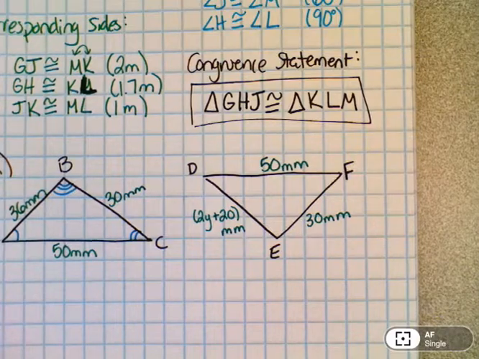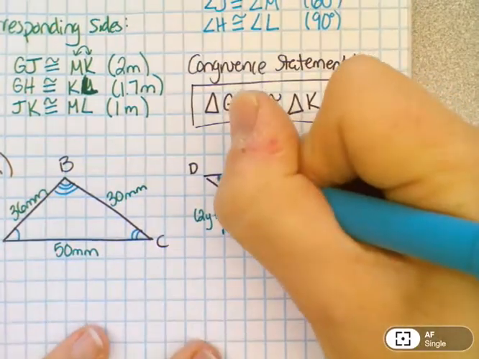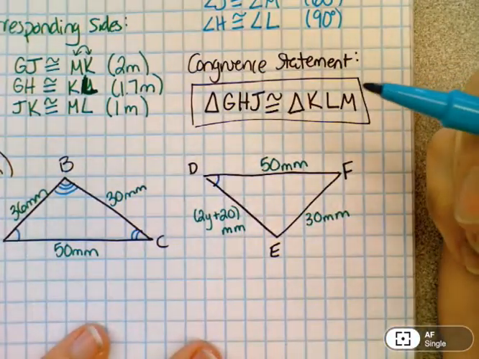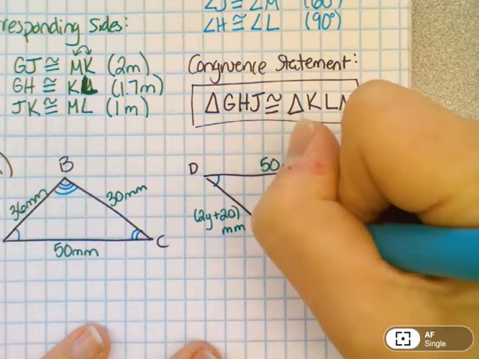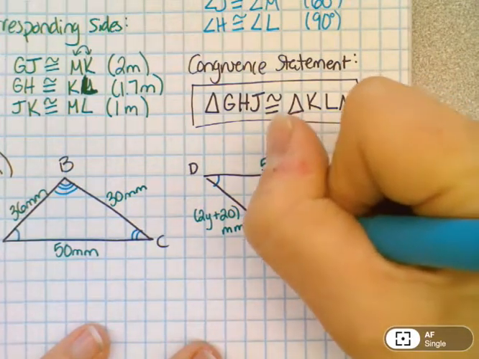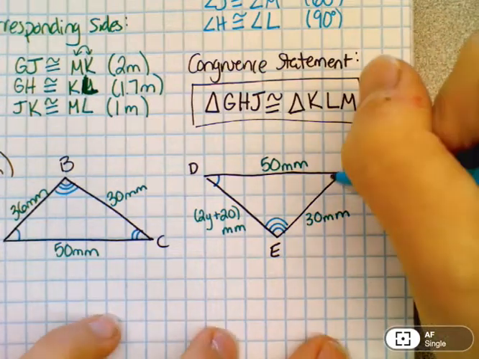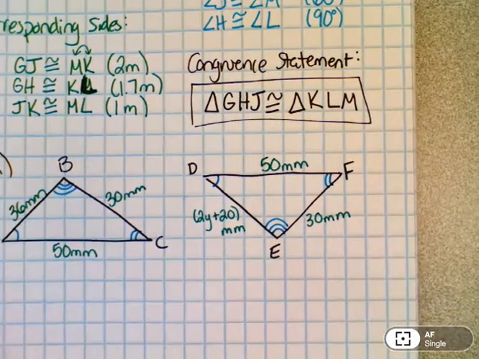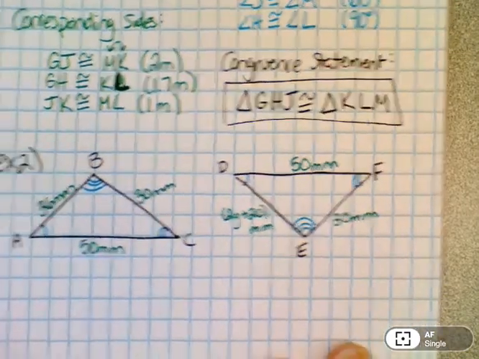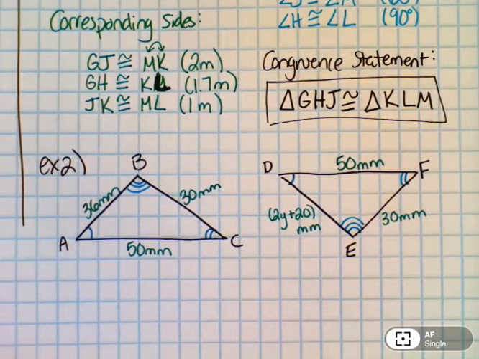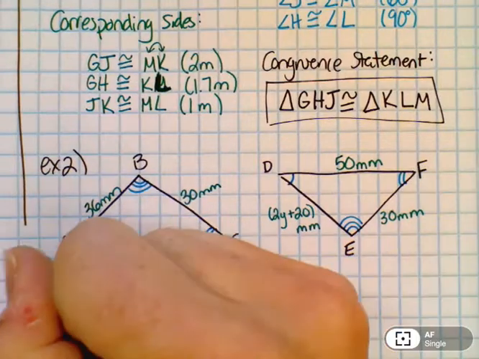And then let's go ahead and put loops in each angle. D will receive one loop. E will receive three loops. And F will receive two loops. So the first thing that we're going to do, I'm telling you in this case that the triangles are congruent, and I want us to write the congruent statement.